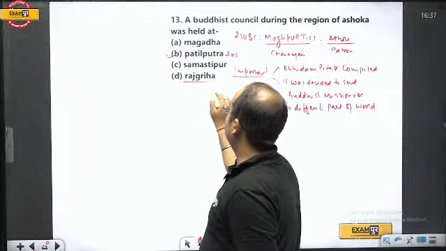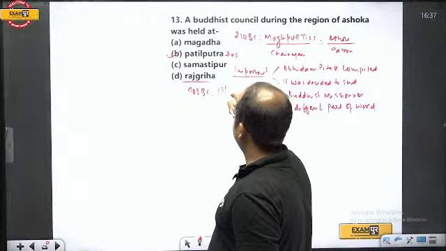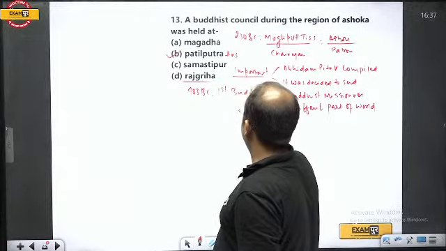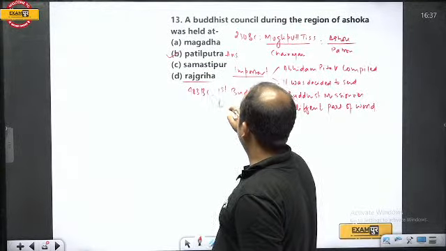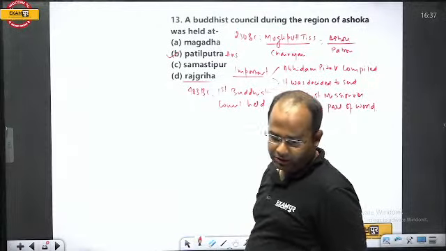Patliputra. In Rajgriha, in 483 BC, the first Buddhist council was held.